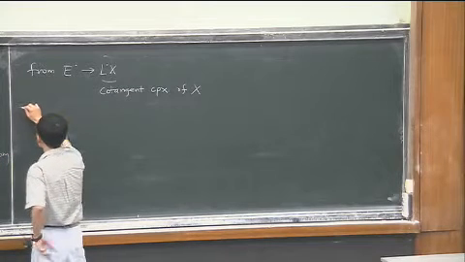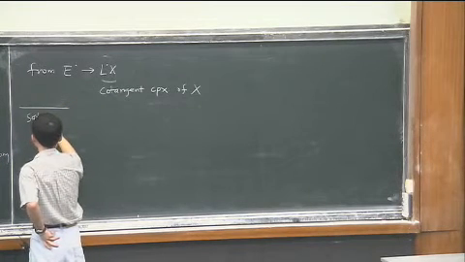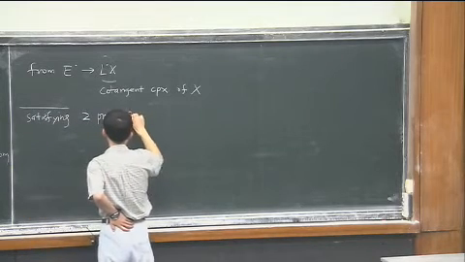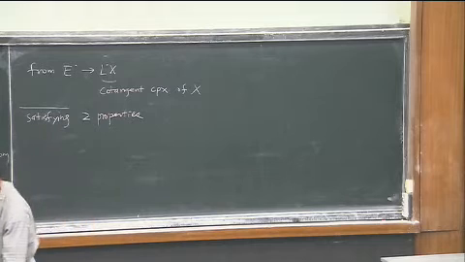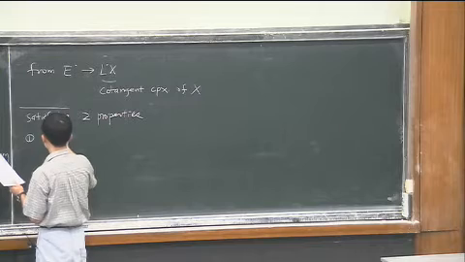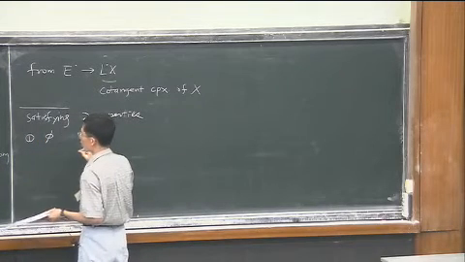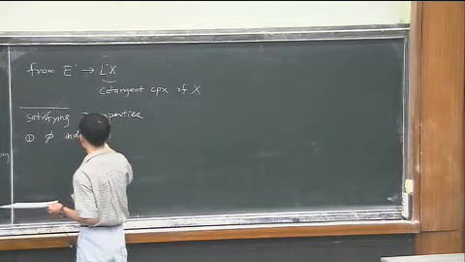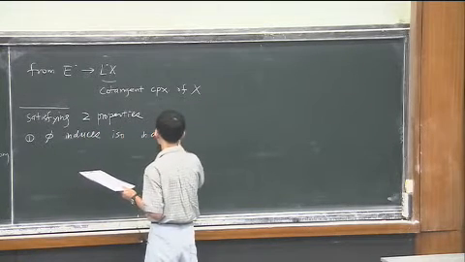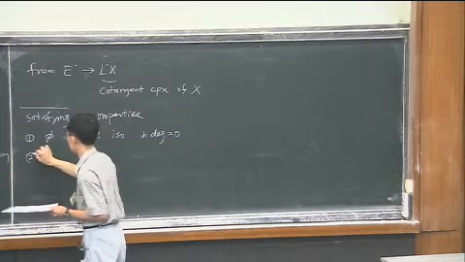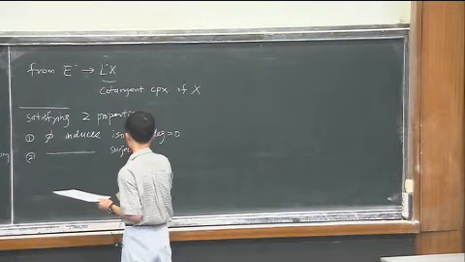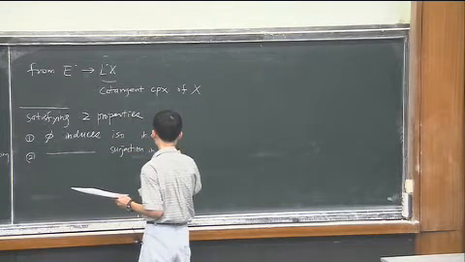And this data has to satisfy two properties. As I said, let me first write down all of them, and then I will explain. The morphism phi induces an isomorphism in degree 0, and it induces a surjection in degree -1.